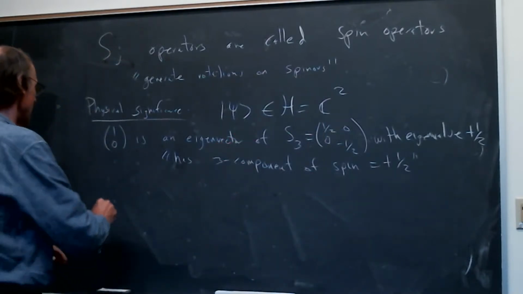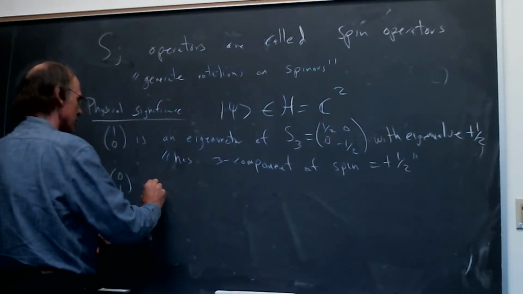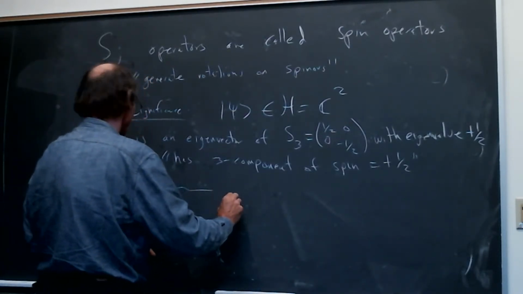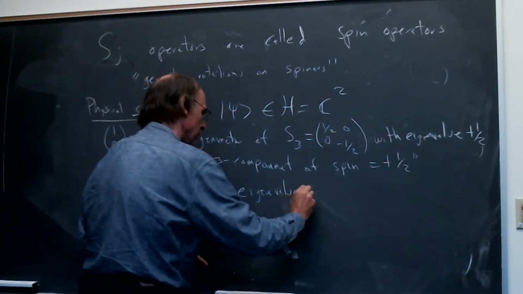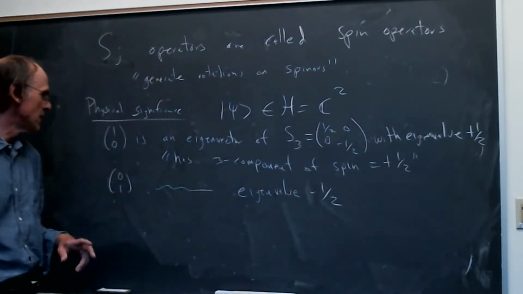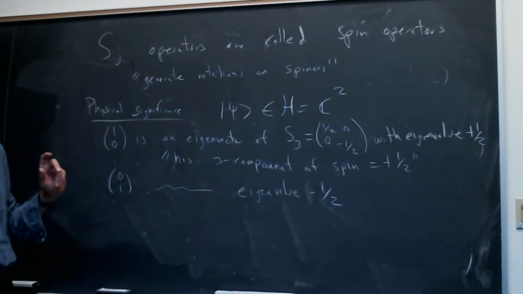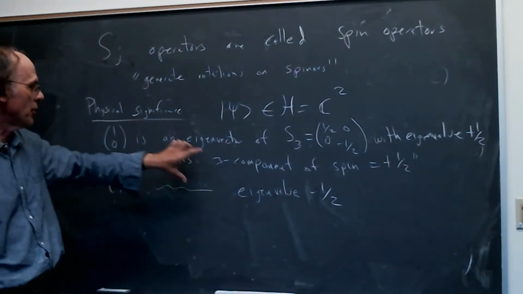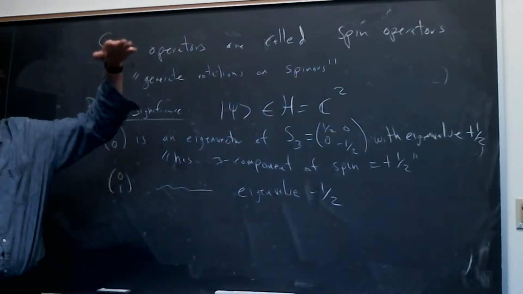And the same thing for (0, 1), with eigenvalue minus a half. So if you act with S3 on this guy, it's an eigenvector with eigenvalue a half. Here it's one with eigenvalue minus a half. These are often called the spin up and spin down states.